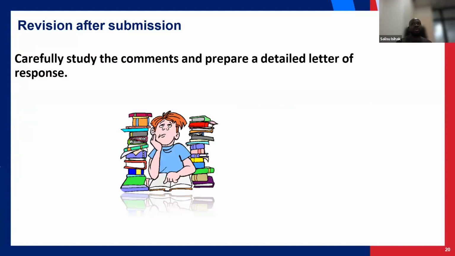Then the next thing is, what next after revision of your submission? Here I would say you should carefully study the comments. Like I said, I've prepared a detailed letter of response, and I will show you a sample of the letter. What I try to do here is approach the reviewers' comments with high professionalism, even where you disagree with them, because the reviewers don't know it all.